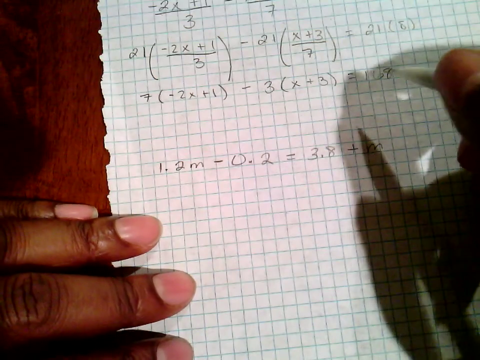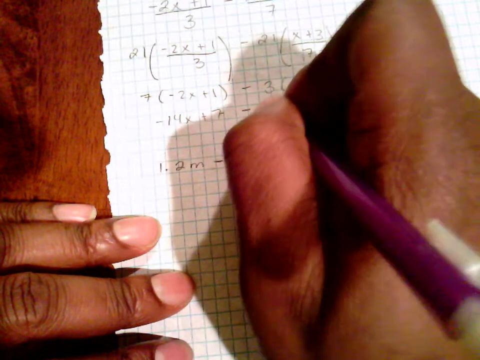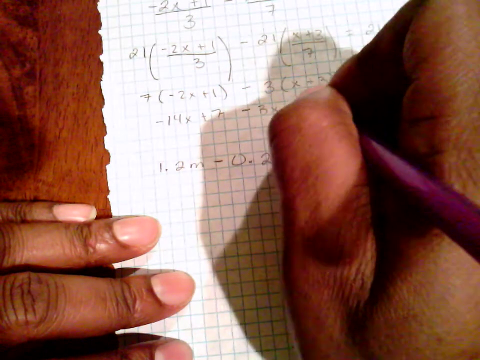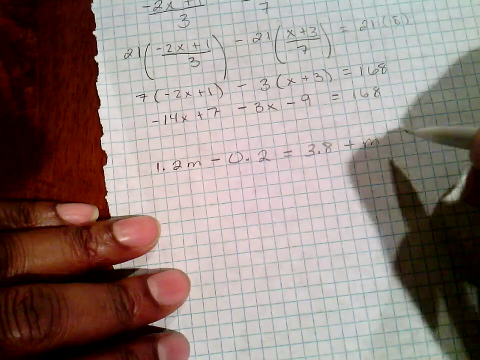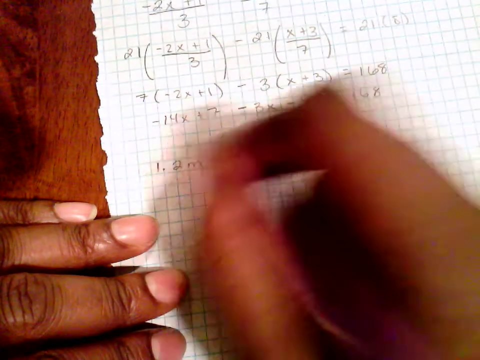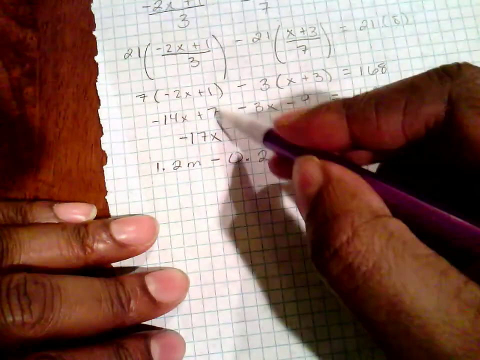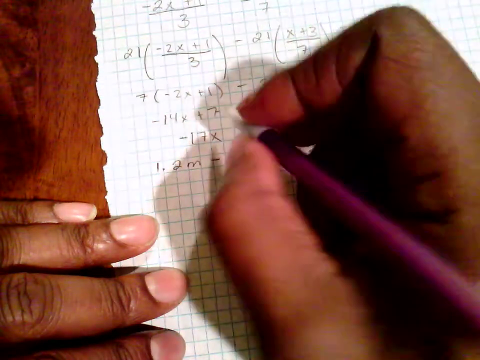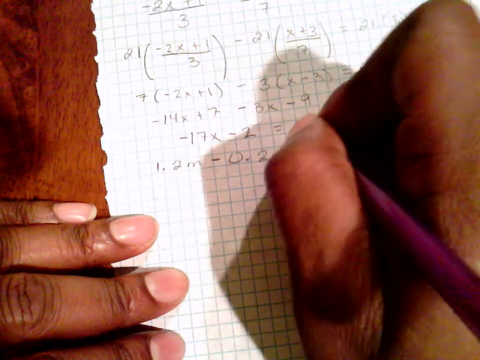Applying the distributive property, that gives me negative 14x plus 7 minus 3x minus 9 equals 168. Combine my like terms. Negative 14x minus 3x will give me a negative 17x. And 7 minus 9 will give me minus 2, that will equal 168.